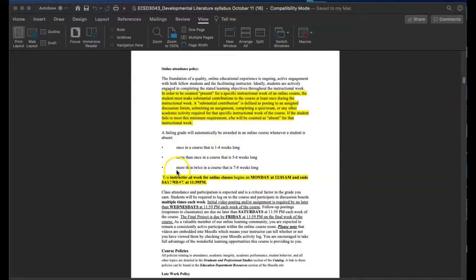If you are absent more than twice in a course that is 7 to 8 weeks long, you will automatically receive a failing grade.